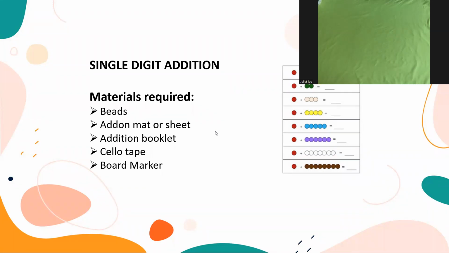But the content I prepared is based on regular school kids also. In regular schools, once the child knows the numbers, they move to addition, subtraction and each and every arithmetic operation. That's why I have taken this. So for that, I have taken the color beads.